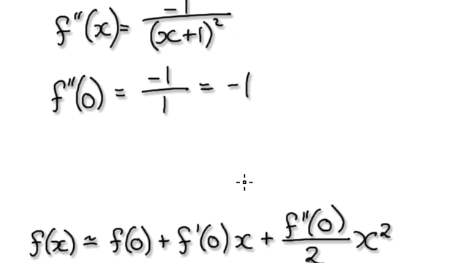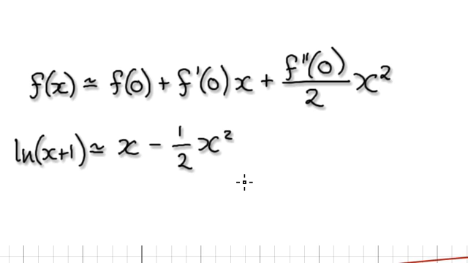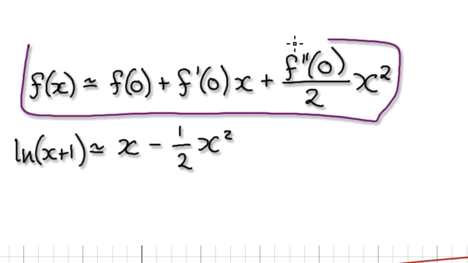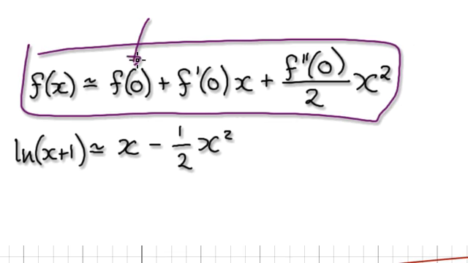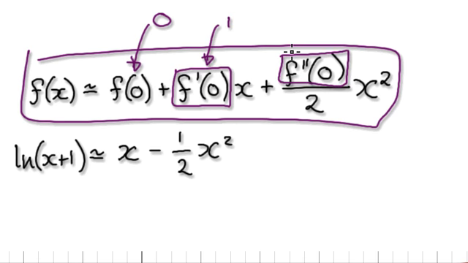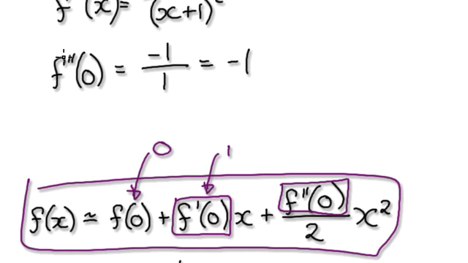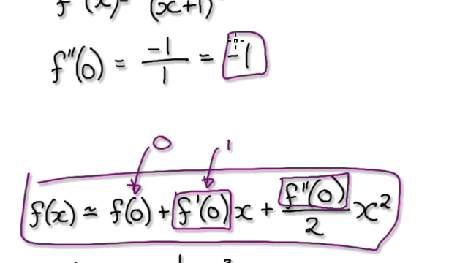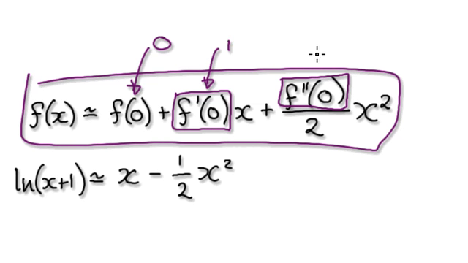So now given this formula, we've established that this box will be 0, this will be 1, and this box, f double prime, will be -1.